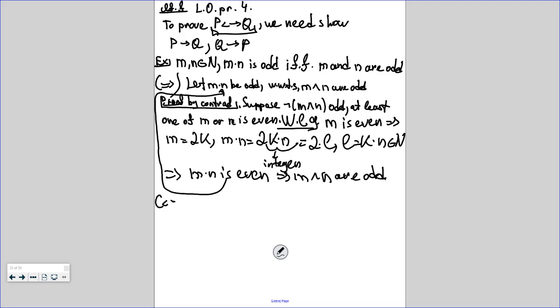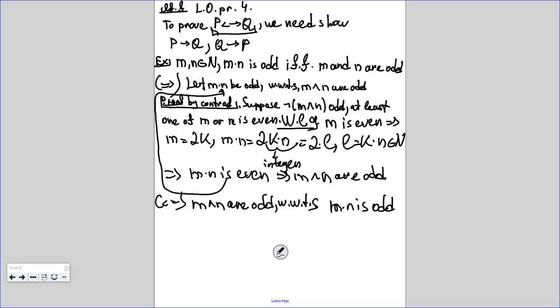Now let's do the other direction. So the other direction is: m and n are odd, and we want to show that m times n is odd.